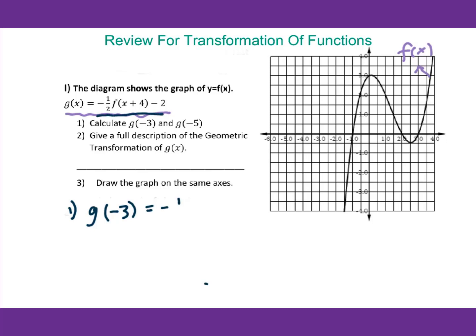We got -1/2 f of -3 plus 4 minus 2. So we got -1/2 f of 1 minus 2.